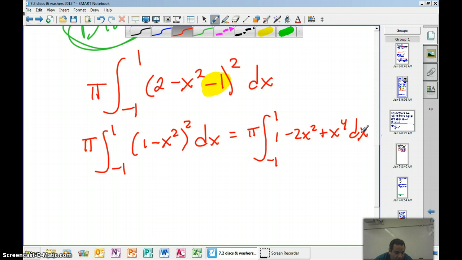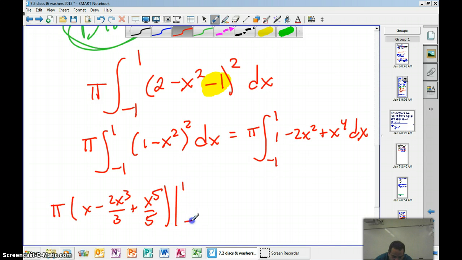And now it's getting crazy. And now we have pi times x minus 2x cubed over 3 plus x to the 5th over 5, all evaluated at 1 and -1. When that smoke clears, you should get 16 pi over 15 cubic units.